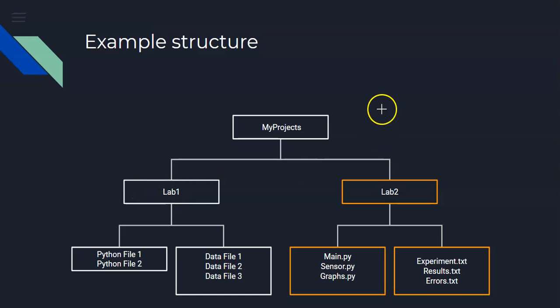Keep in mind we are using this concept of project, so every project from this point onwards is a subfolder, like this one called Lab2 and this one called Lab1. We cannot call the main folder a project. This is just a container, like a root folder or main folder where all Python programs are kept.